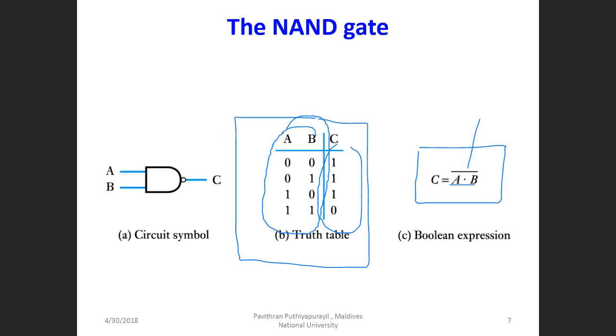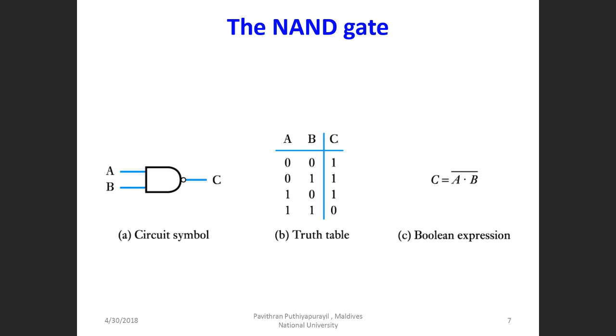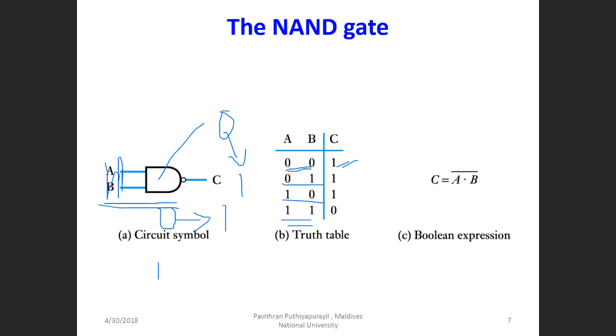So 0 0, what happens here? 0 0 in case of AND gate. If I supply 0 0 to this AND gate, the AND gate will generate 0, and if we supply that to the NOT gate, you will get 1. So output is 1. 0 1, if I provide 0 1 to the AND gate, then I am getting 0, but after this I have an inverter or NOT gate, so I am getting 1. Similarly in case of 1 1 you will get 0, because for 1 1 in AND gate I am producing 1, but because of this inverter or NOT gate I am producing 0.